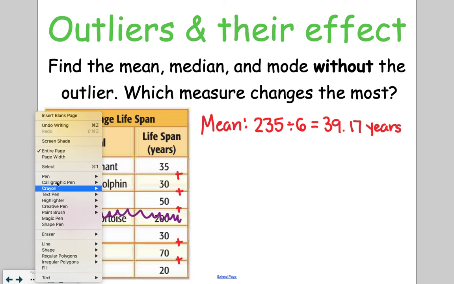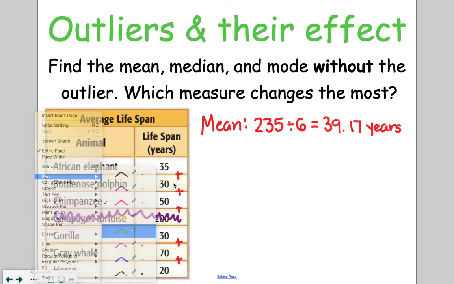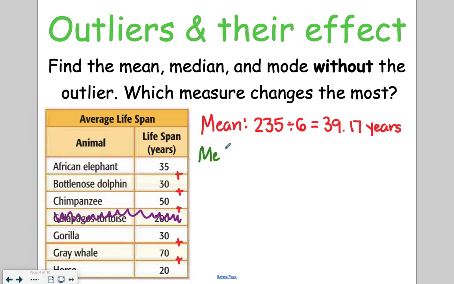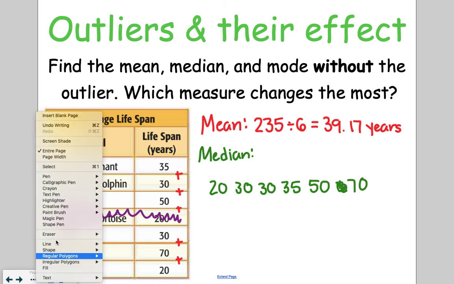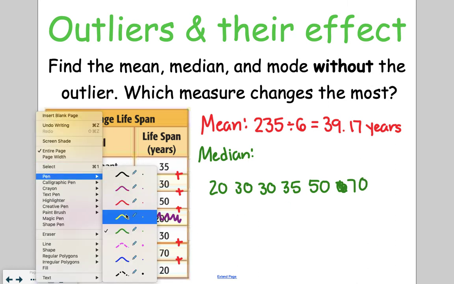Again, with the median, you still need to line up your values. So we've got 20, 30, 30, 35, 50, and 70. And then we need to cross off the smallest and the largest until we find the middle.